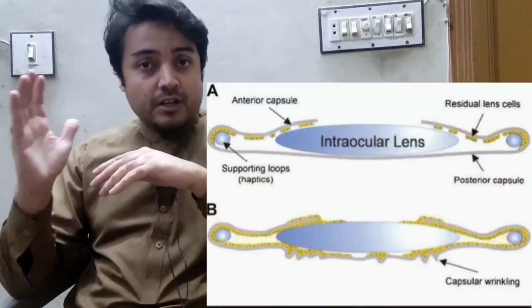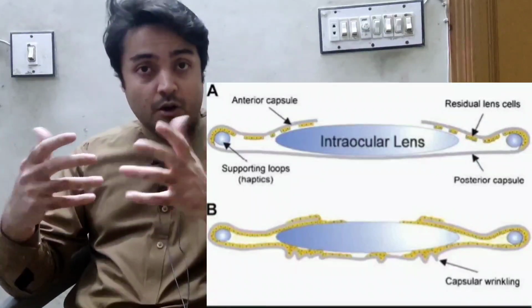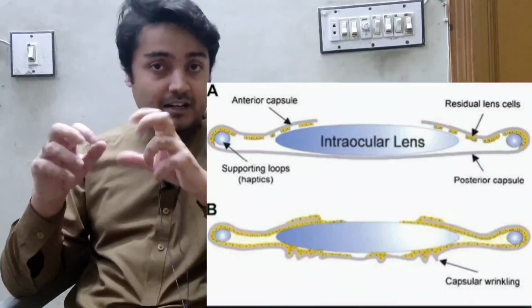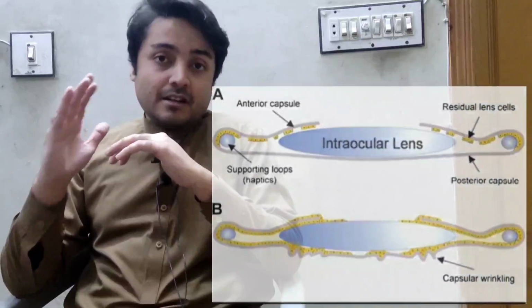Now what happens is that months or years after cataract surgery, in the posterior capsular bag there are lens epithelial cells that proliferate, or we can say if some of the lens material is left inside intact, that proliferates from time to time, and as a result in the posterior capsular bag you will see opacities being developed.